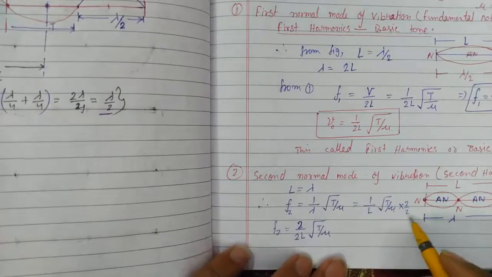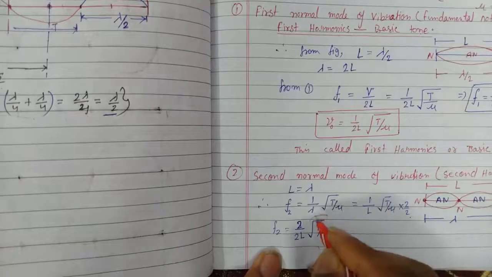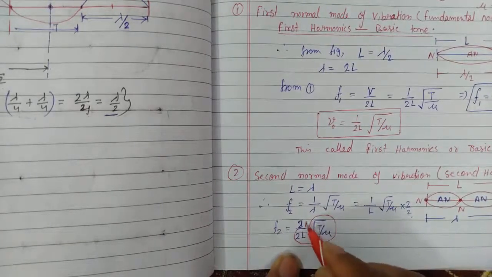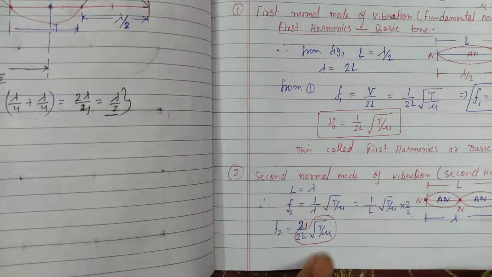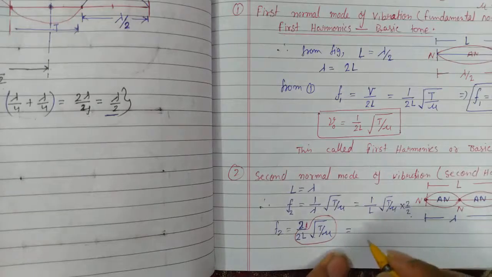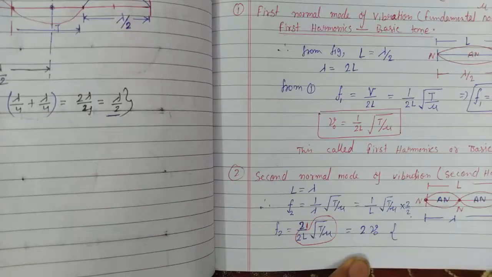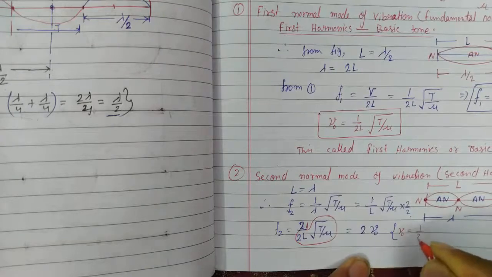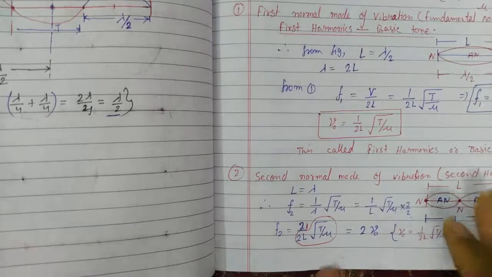This result is the second harmonic, that is 2 nu naught, because nu naught is equal to 1 upon 2L under root T upon mu.